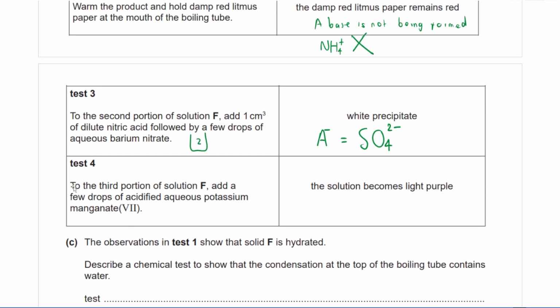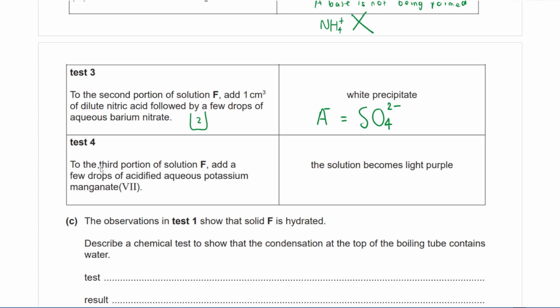So let's move on. Test 4. To the third portion, add a few drops of acidified aqueous potassium manganate. And it says that the solution becomes light purple. Remember that here we have aqueous potassium manganate, which is the MnO4 minus ion, and the color of this ion is purple.